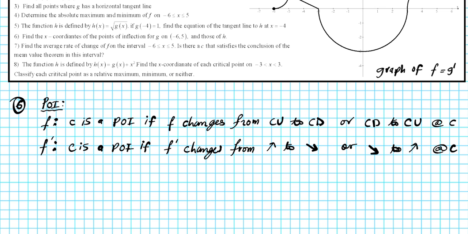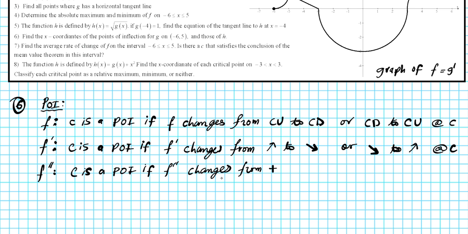Now, the second derivative can also tell us the point of inflection. For f double prime, c is a point of inflection if f double prime changes from positive to negative. Now, if f prime is increasing, what does that tell us about the derivative? If a function is increasing, its derivative is going to be positive, right?